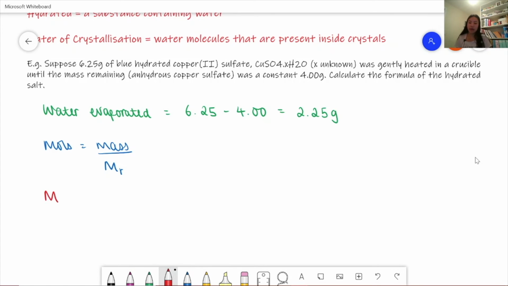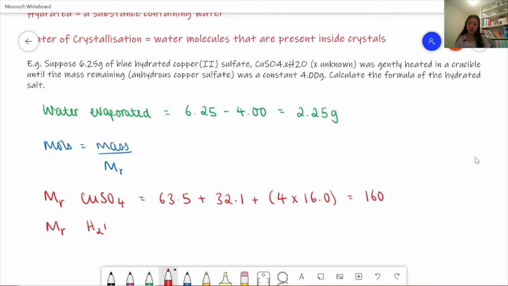So we have that the MR of copper sulfate is equal to the AR of copper, which is 63.5, added with the relative atomic mass of sulfur, which is 32.1, and then we have 4 oxygens. So that's 4 times 16. And so this gives us 160. And then we can have a look at the MR of water. So that's equal to 2 times 1.0 plus 16, which is equal to 18.0.